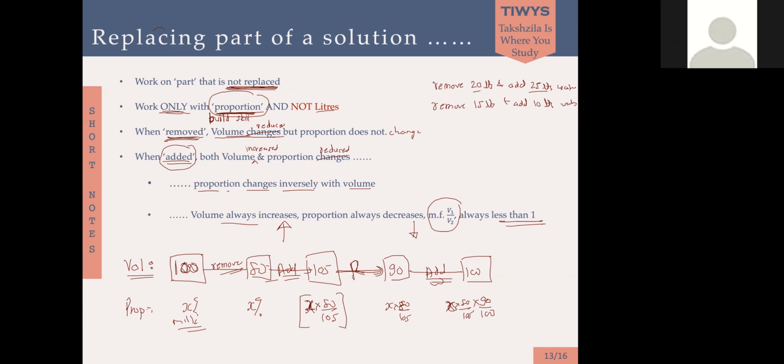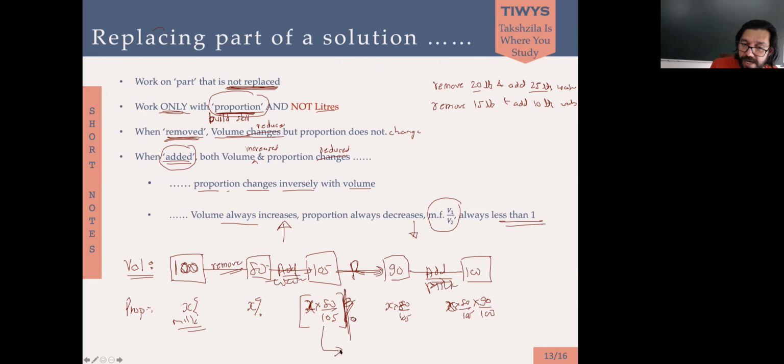Let's say in the first time I'm adding water, so what am I working on? Milk percentage. The second time I'm adding milk, I'll switch over from milk to water. If you know milk percentage, do you know water percentage? Yes, the complement. And then I'll go ahead.